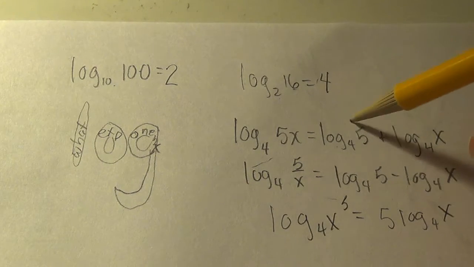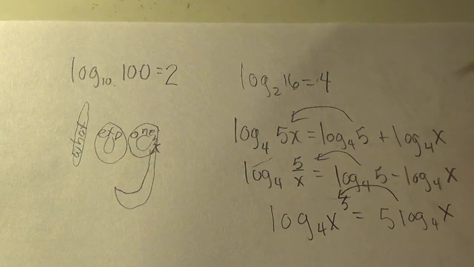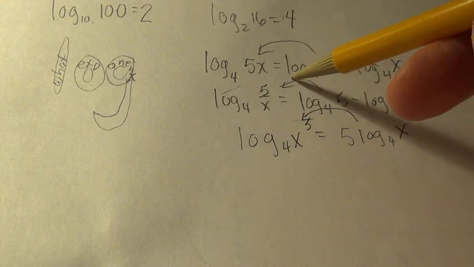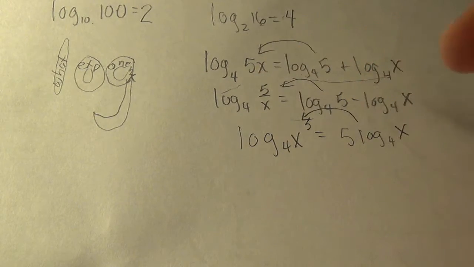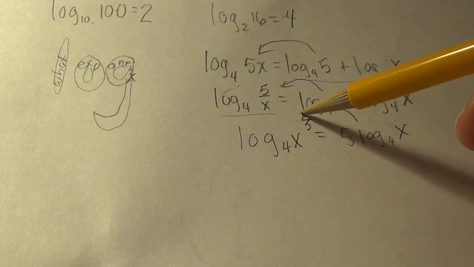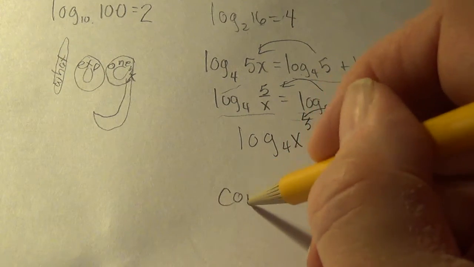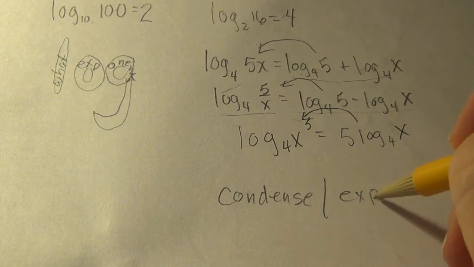And these work backwards as well. Using those log rules, we were able to take expressions that are long, like this, and condense them to be like this, or we took expressions that were condensed or short and expanded them. So from log rules, we were able to condense and expand expressions.